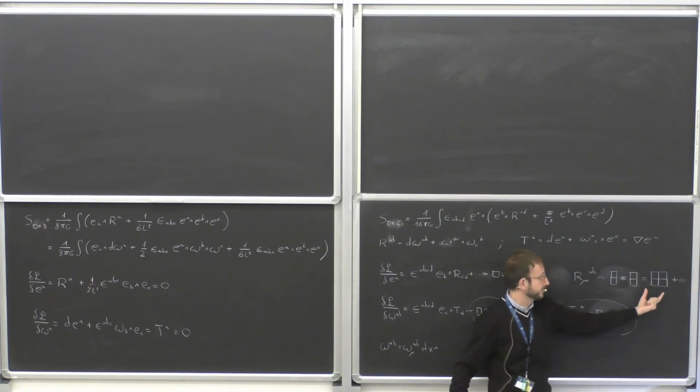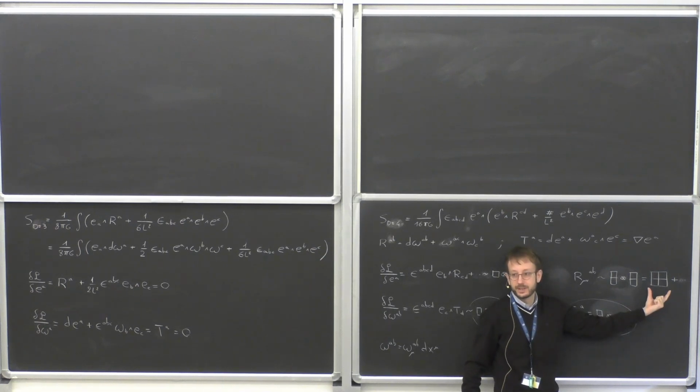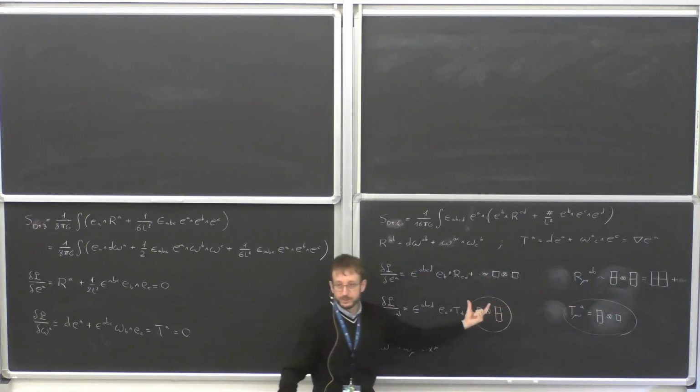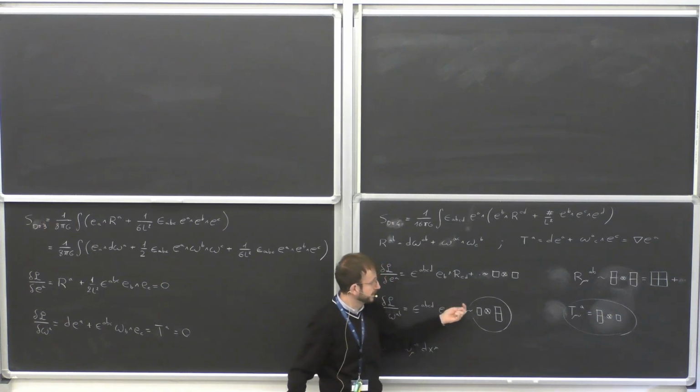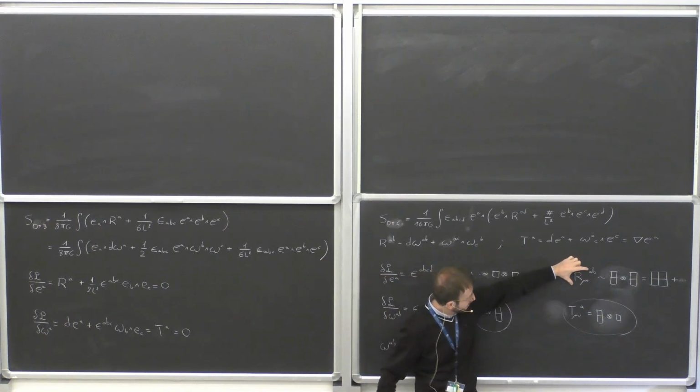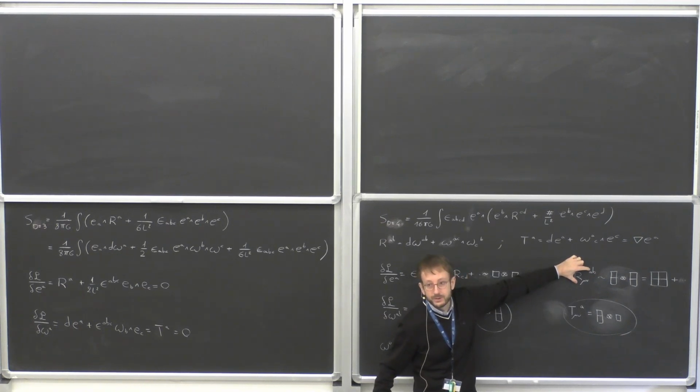But I have no chance to set to 0 the traceless Weyl component here. So in this particular case, the equation of motion will be a particular projection. In particular, eventually the equation of motion will tell me that all traces, where by traces I mean also traces that involve these two indices mu and A, are equal to 0. And eventually the equations of motion that I get are equivalent to Ricci equal to 0.